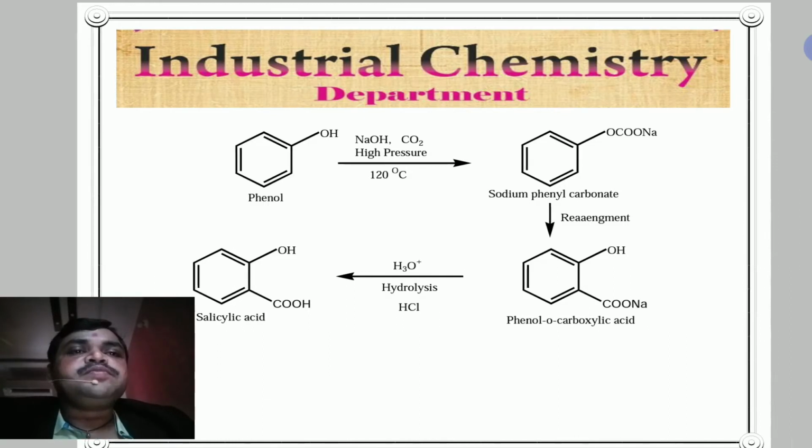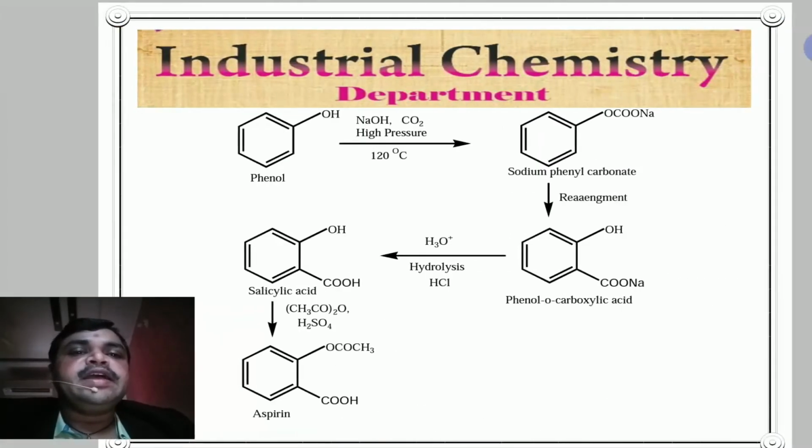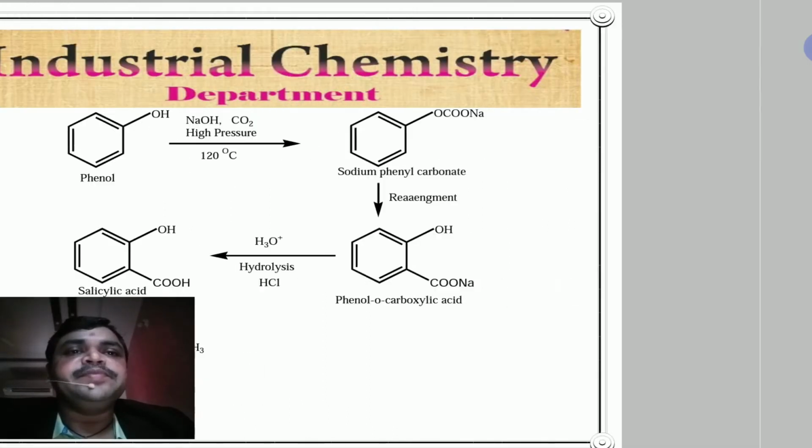Now, salicylic acid is treated with acetic anhydride in presence of sulfuric acid, and we get our product aspirin or acetyl salicylic acid.